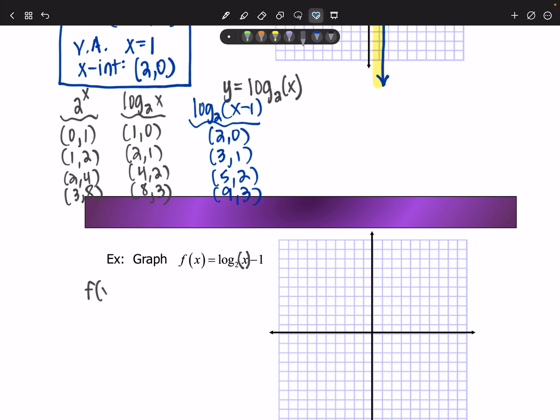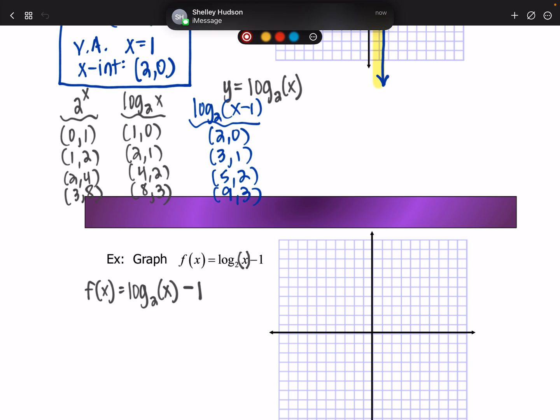So f of x equals log base 2 of x, minus 1. Think about where this -1 is. It's not on the inside of the function. It's going to be on the outside. So think about what that does to your graph. Press pause, and then when you're ready to check your answers, come on back.